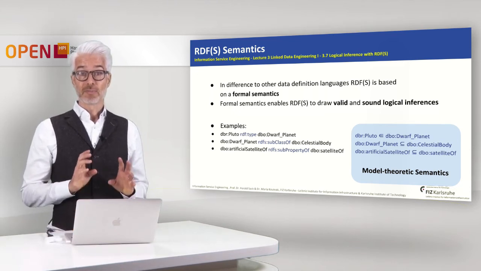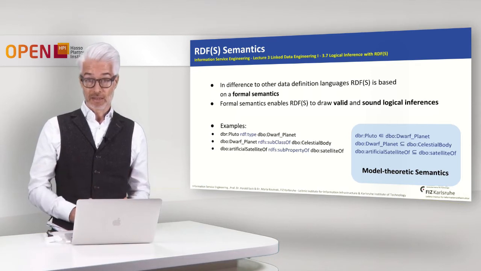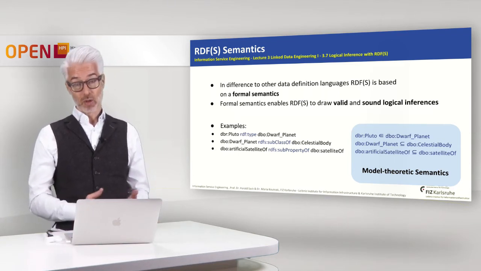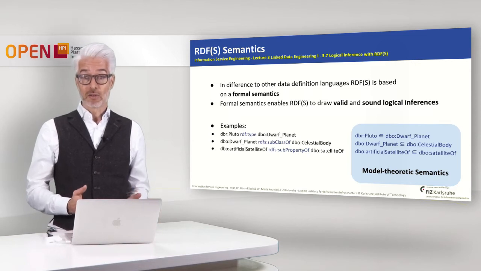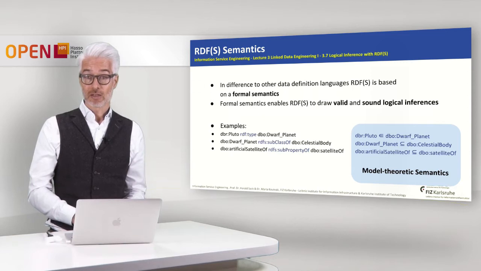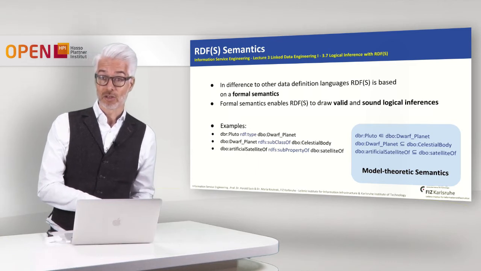So RDFS is based on formal semantics, which enables RDFS to draw valid and sound logical inferences. With other kind of data definition languages, like for example with UML, you are not allowed to draw sound logical inferences, which means you cannot simply deduce new knowledge which is not explicitly given from the existing knowledge.